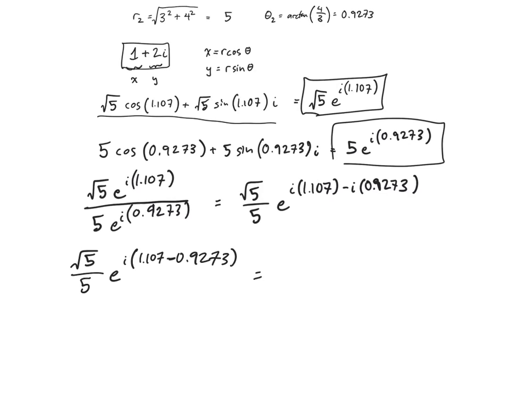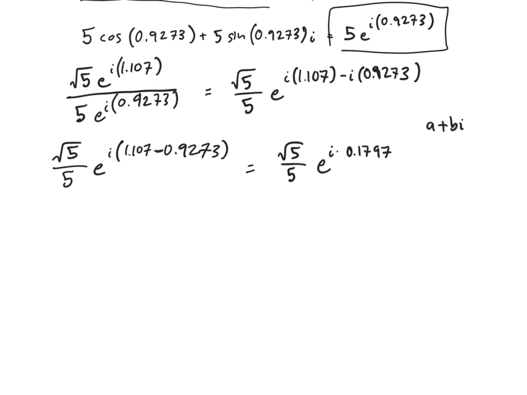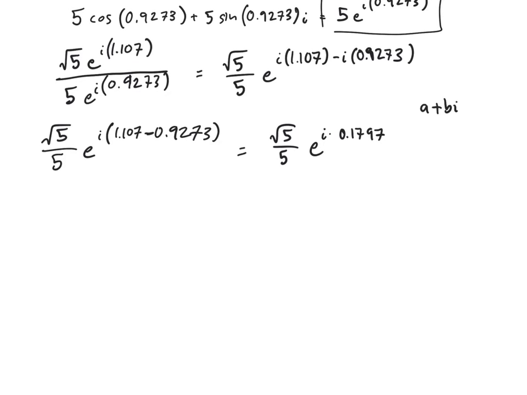This just becomes the square root of 5 over 5 e to the i times 0.1797. And there I've got my answer, but I need to still convert it back into the form a plus bi. And the way to do that is to do the Euler relation backwards.